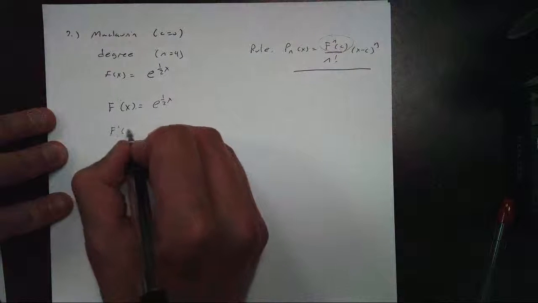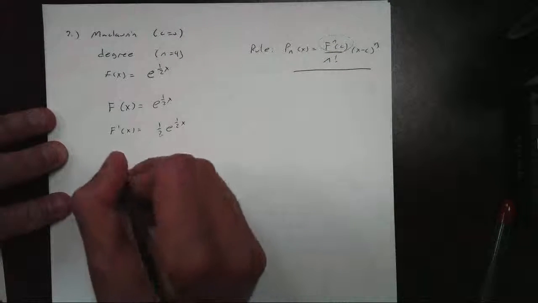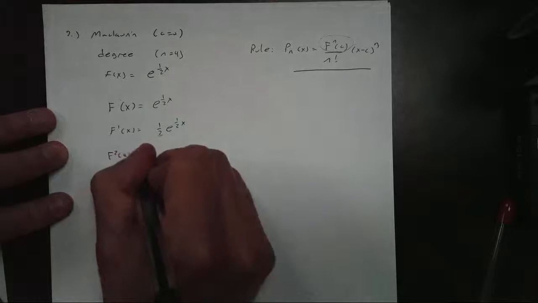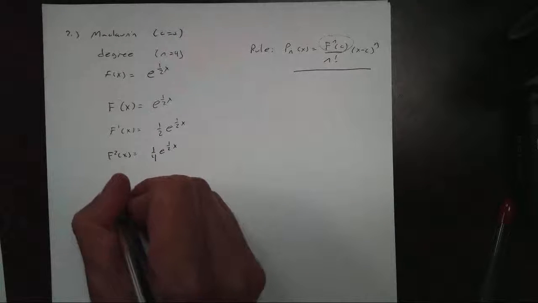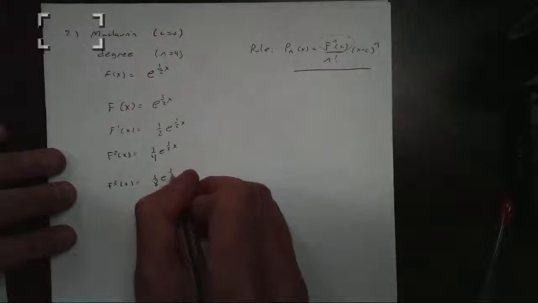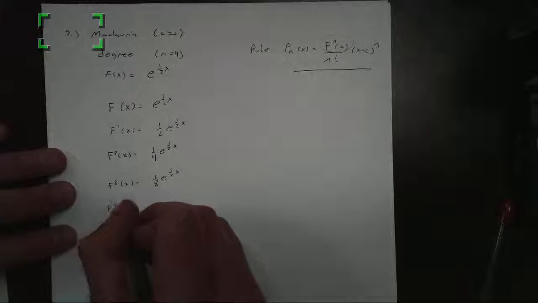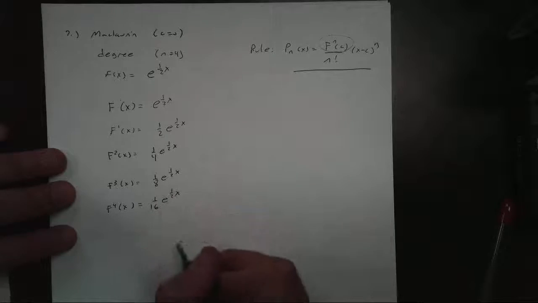My first derivative, I'll use fractions, 1/2 e to the 1/2 x. My second derivative becomes 1/4 e to the 1/2 x. And my third derivative, what's that? 1/8 e to the 1/2 x. And my fourth derivative, 1/16 e to the 1/2 x.